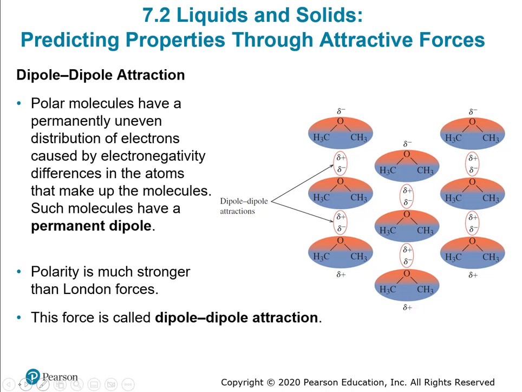But polar molecules now have a slight positive and negative arrangement. So this one is showing an ether. Remember how those oxygens have those 2 pairs of non-bonding electrons? Remember nitrogen, oxygen, fluorine, and chlorine, those 4?